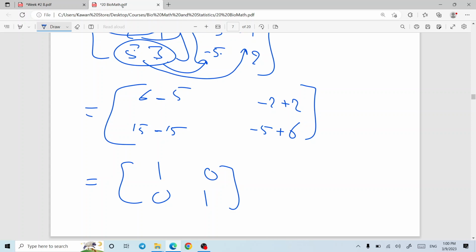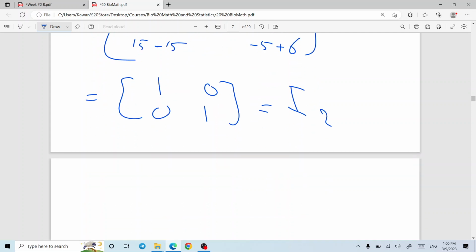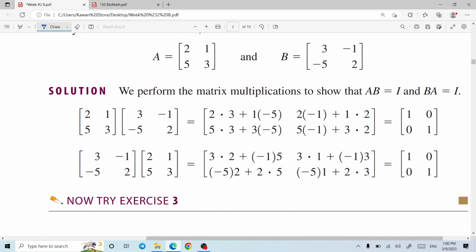Am I right? So we got identity. So A and B are inverse. A is the inverse of B, and also B is the inverse of A. Look at here to understand more. This is AB. We got identity. This is BA. Again, we should get identity because they are inverse. Clear for today, dears? Good.